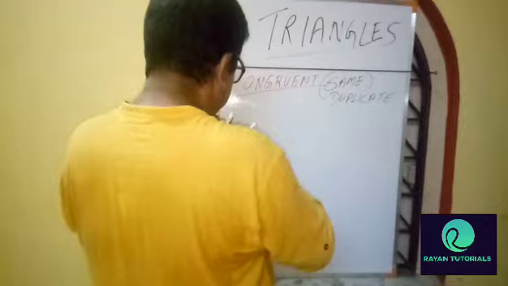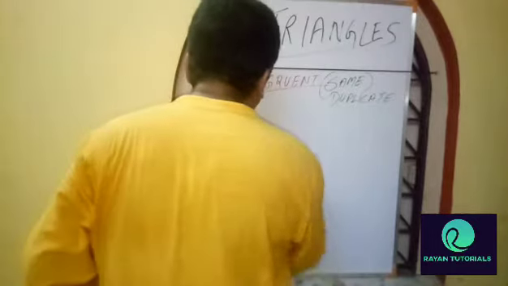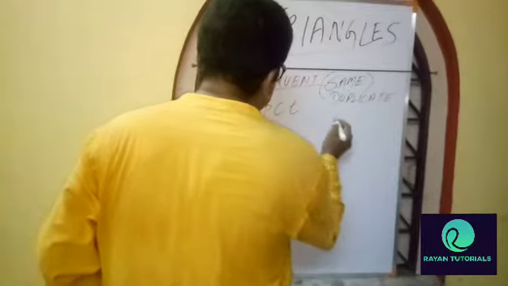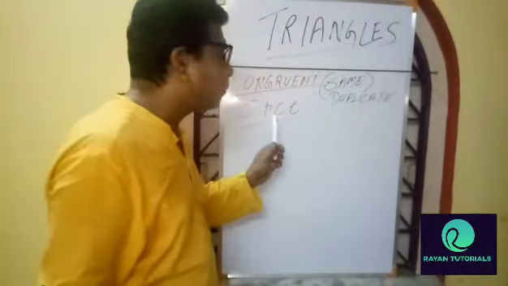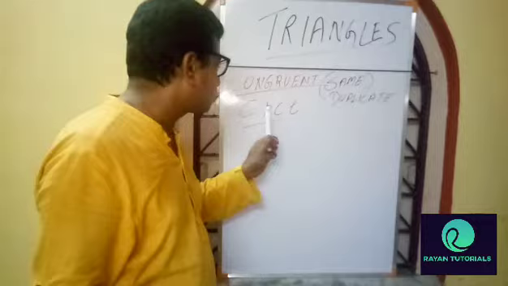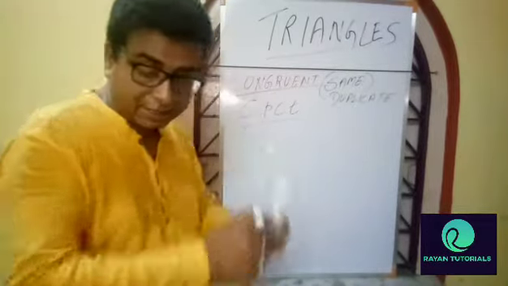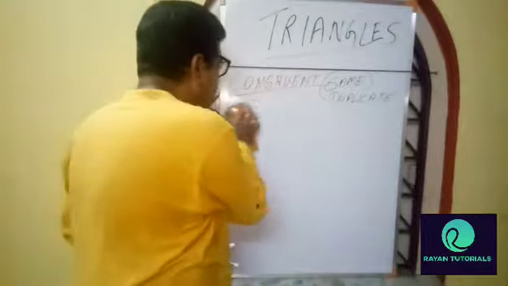That's why there is also a word called CPCT, corresponding part of congruent triangles. Don't worry, later I'll come to this part.